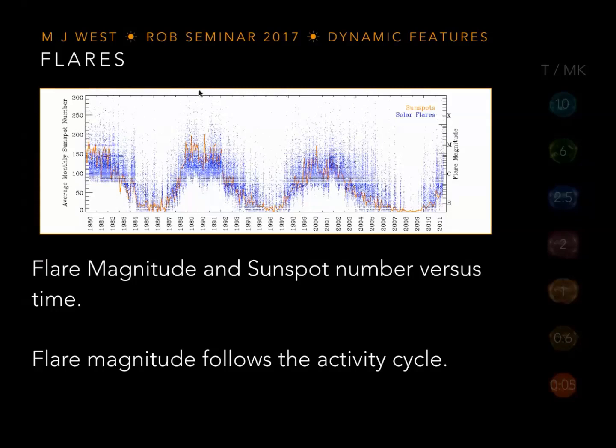So what we see here is these X-class flares up here, the powerful ones. When we've got more sunspots and active regions, we've got more high energy flares being released. So we do see this variation in the larger flares throughout the solar cycle.